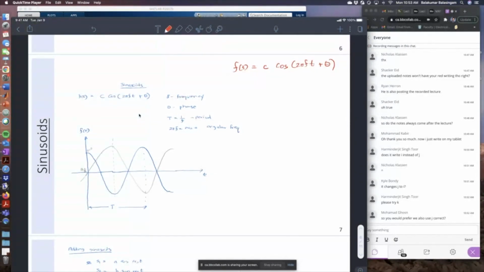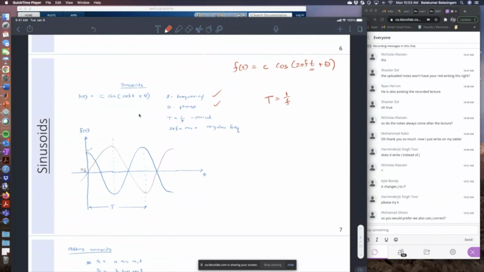Here f is the frequency, theta is the phase, and capital T, not small t, is 1 over f, which is the period. I will explain that.